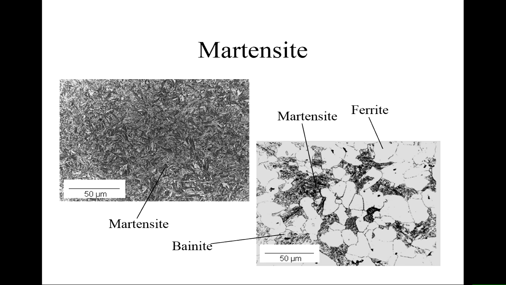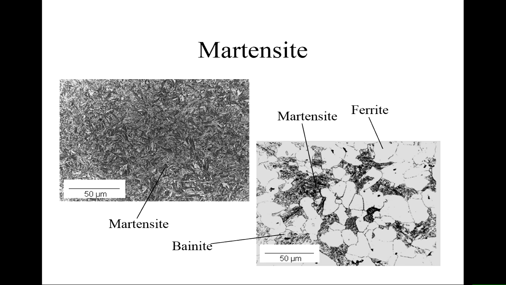It's all one phase. It doesn't have the ductile ferrite and the brittle but strong iron carbide. In fact, the whole martensite phase is brittle but strong. And in fact, it's even stronger than the iron carbide, which means that it's likely to be the cause of problems if it forms in the system.